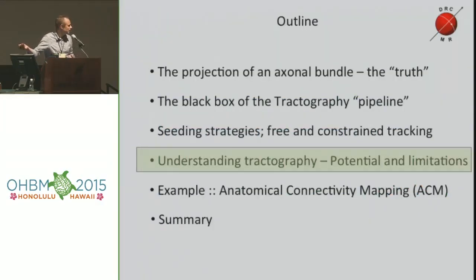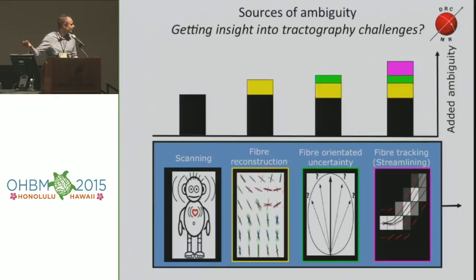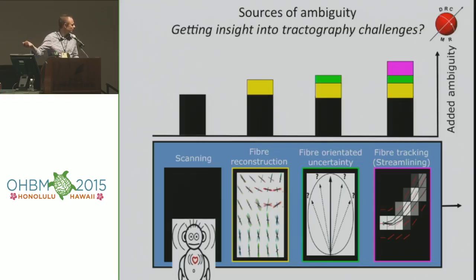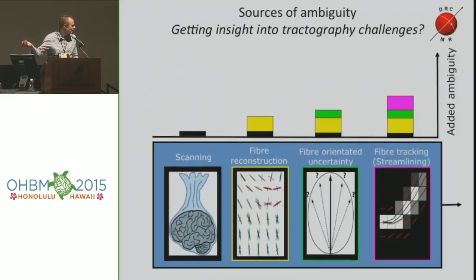So let's look at the potential limitations of tractography. As I said before, we have these different sources of ambiguity that accumulate throughout tractography, and that is challenging when we want to gain insight into tractography and its limitations. We can actually replace this with post-mortem imaging, and then we lower the major impact of the scanning session.